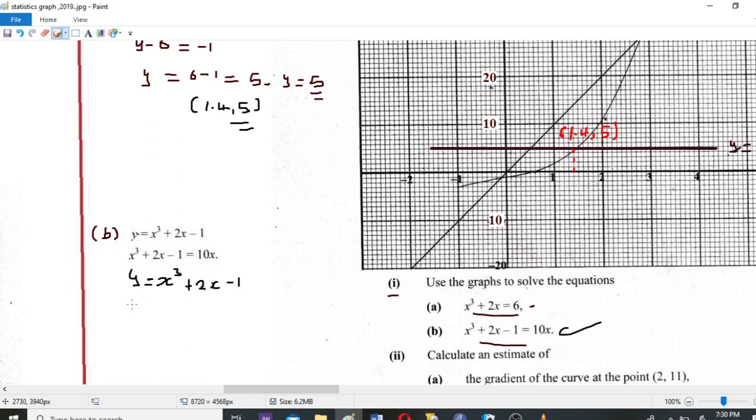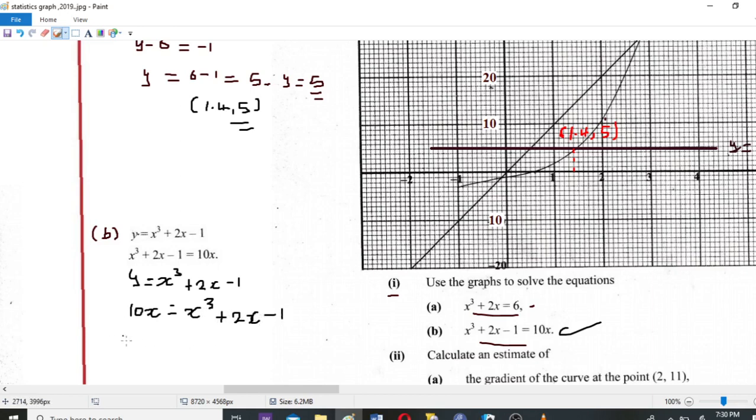Again, rearranging this one, we have 10x is equal to x cubed plus 2x minus 1.